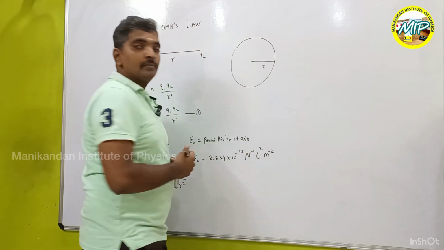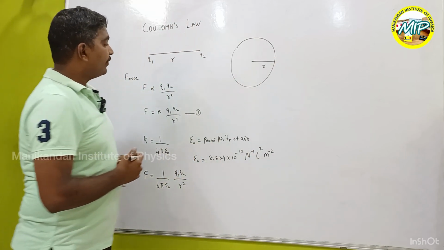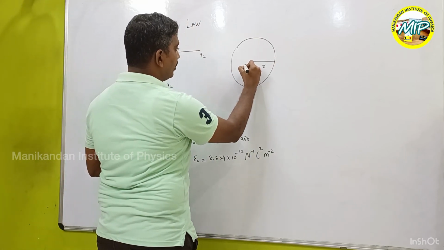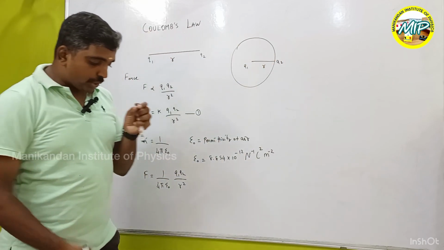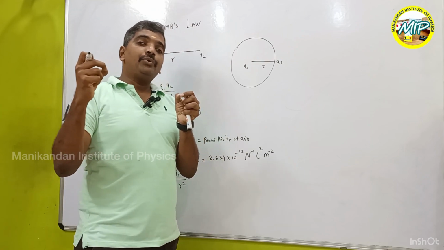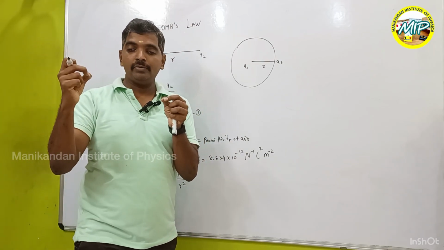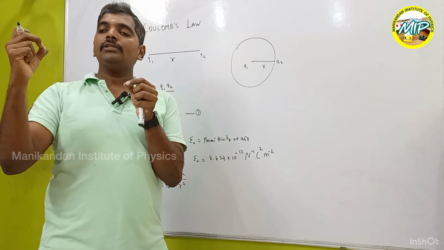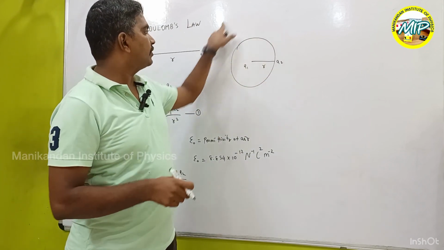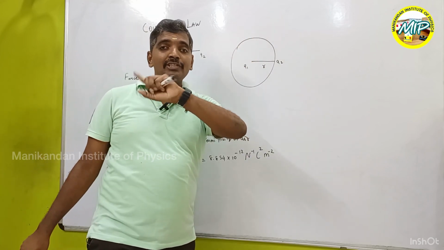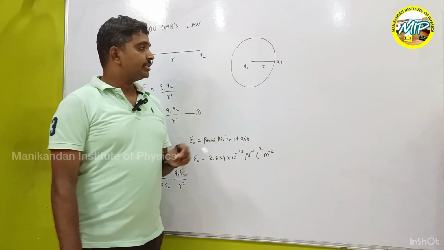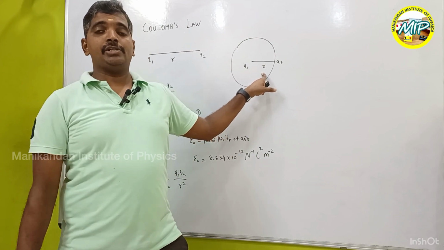First I am going to place my charge Q1 in the center of the football, and charge Q2 on the surface of the football. If I move my charge Q2 anywhere on the surface of the football, my force won't change, since my r won't change.